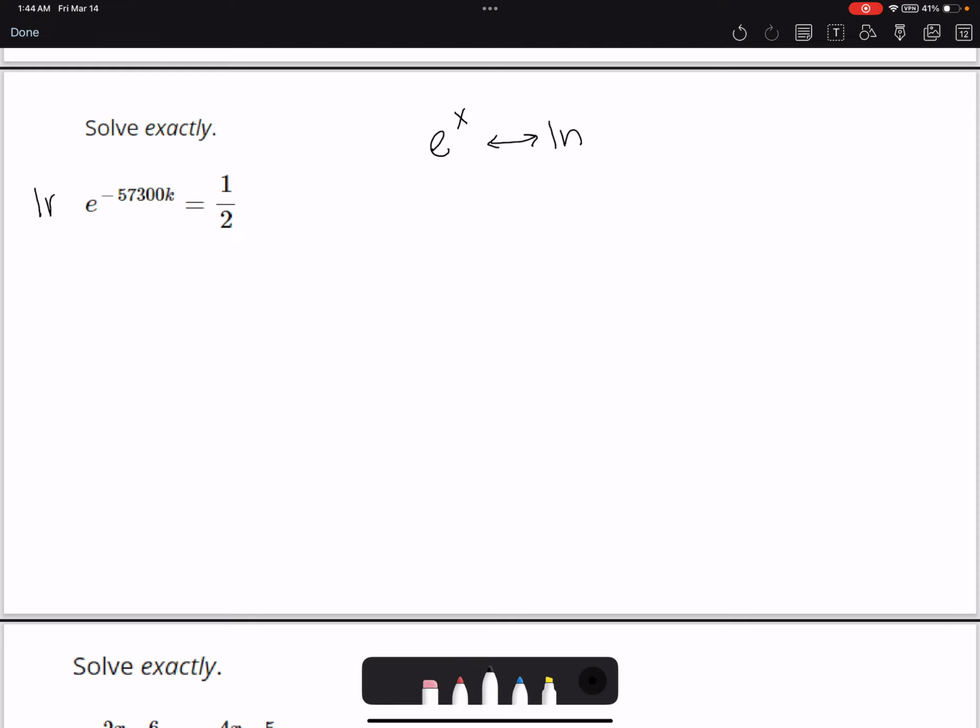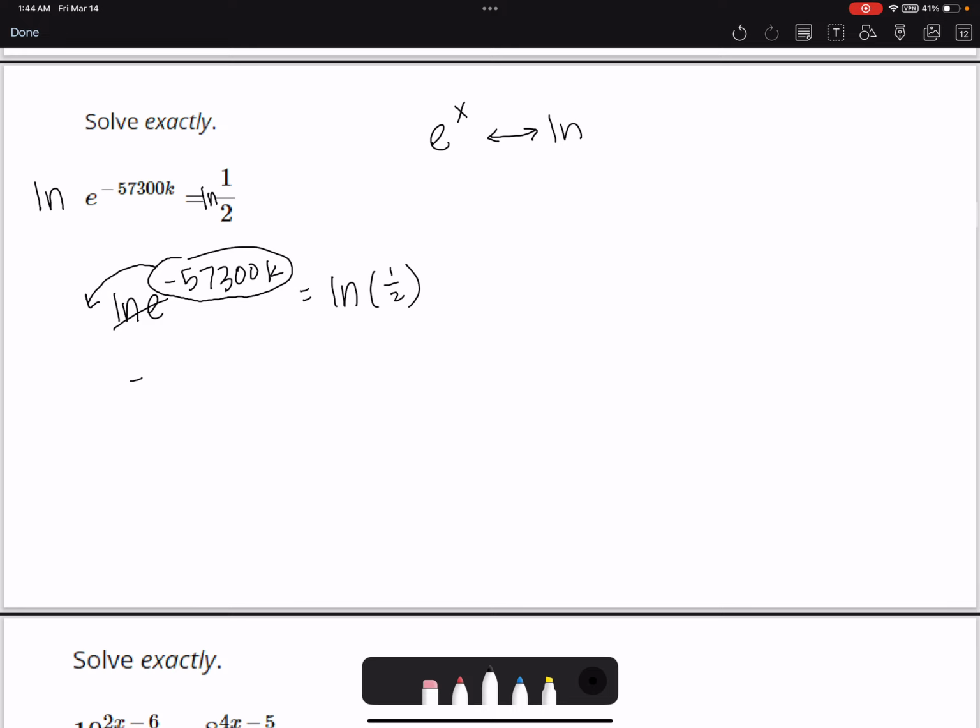So if we ln both sides, ln of e to the negative 57300k equals ln of 1/2. This exponent comes down in front, and ln of e just simplifies to 1.